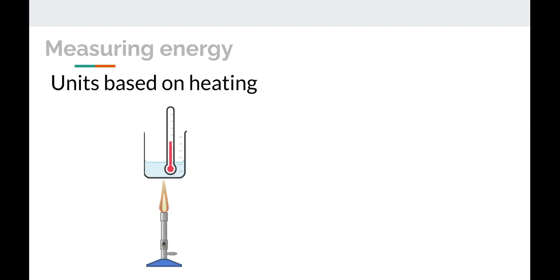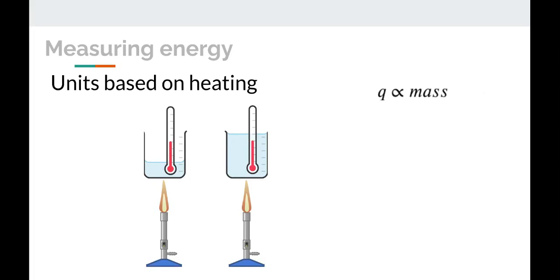But also, if we had 2 different quantities and we raised them by the same temperature, the one that has the more mass is going to require more energy to get up to that same temperature. So it's very reasonable also to think that energy transfer through heating is proportional to mass. So if we put those 2 together, energy transfer is proportional to mass and temperature change.